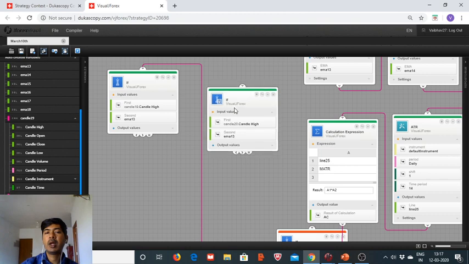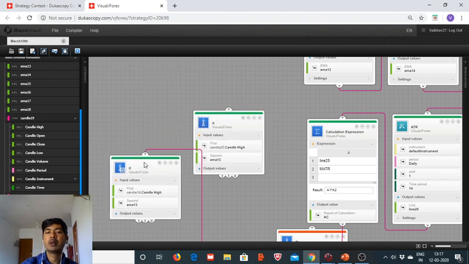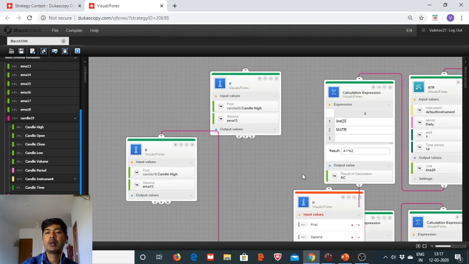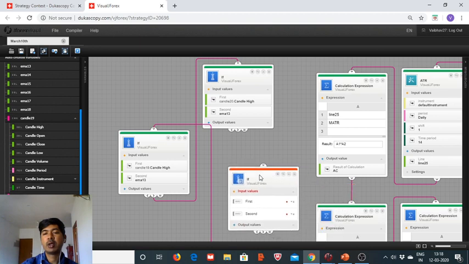And on top of that, we also need the last tick price to be below the EMA 10. So here the requirement is candle high should be greater than the EMA 10, and the candle 20's high also needs to be greater than the EMA 10.